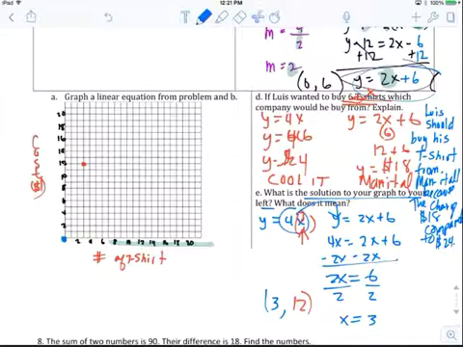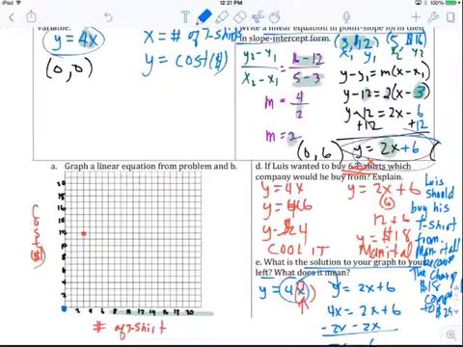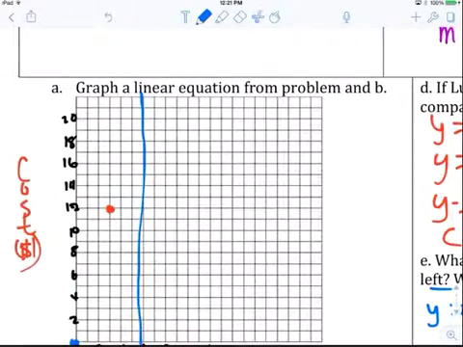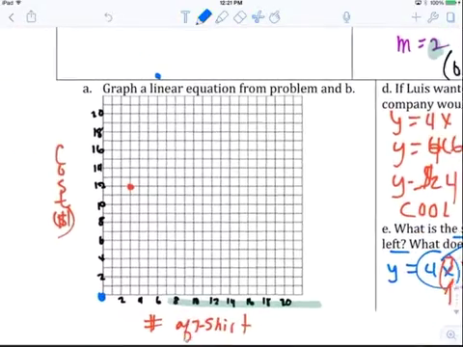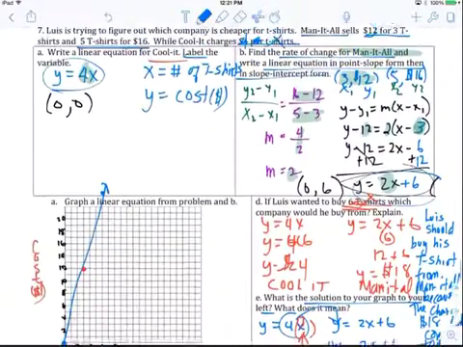Anyway, 6 is 18. Okay, 6 is 24, which is 22, 24 up here. So I can draw my lines for this graph and label it.